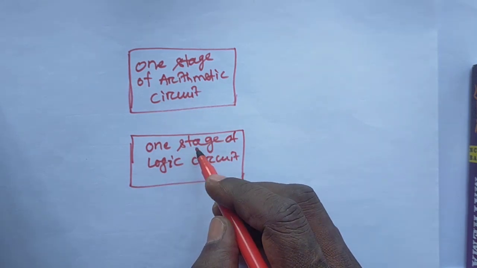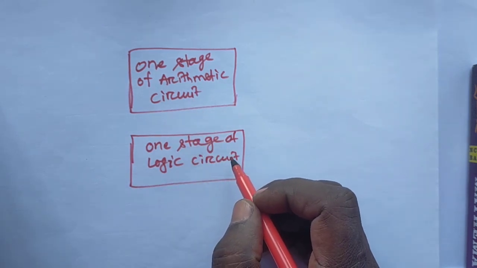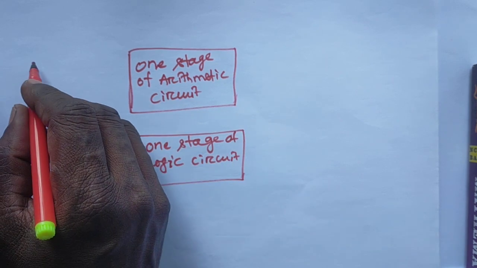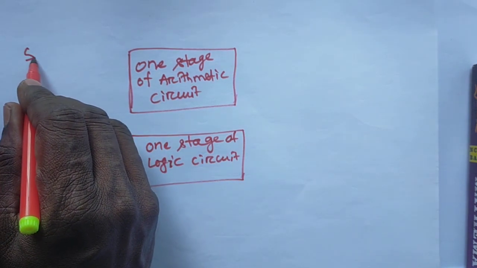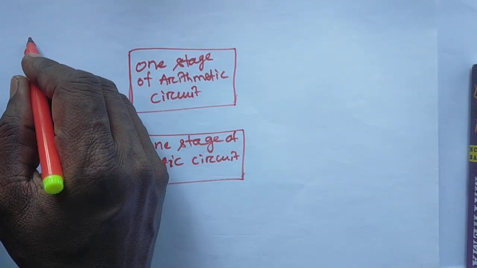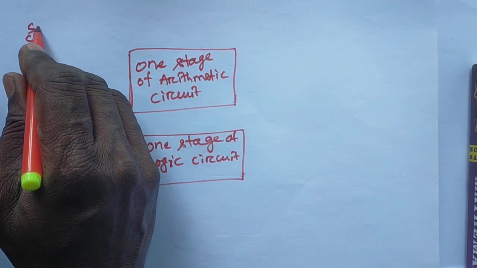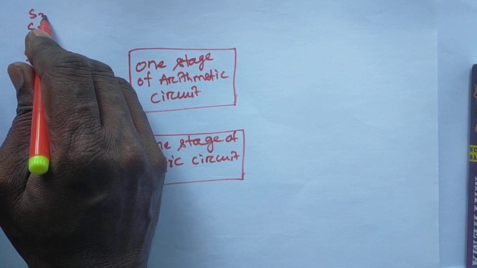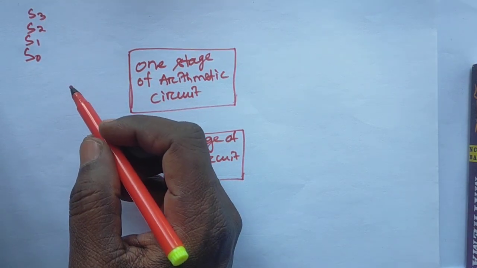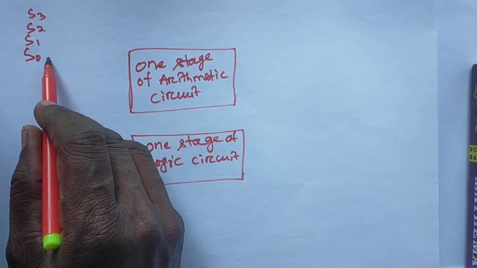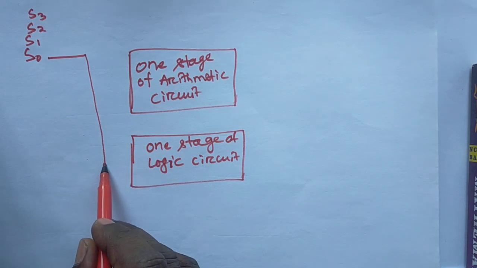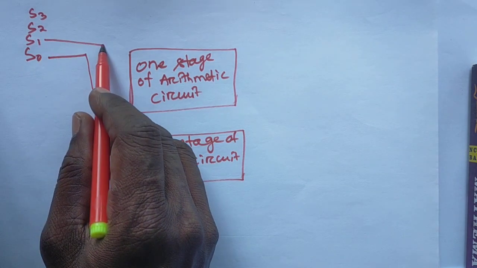It is selected by 2 selection variables, S0 and S1. So 4 selection variables we consider: S0, S1, S2, S3. 2 selection variables for choosing either this one or that.